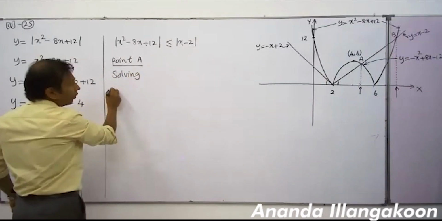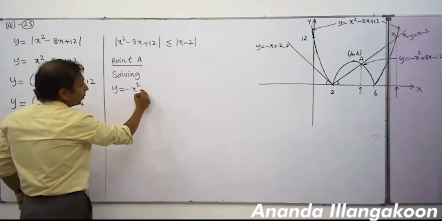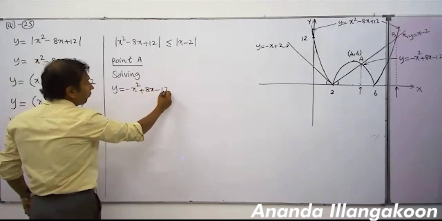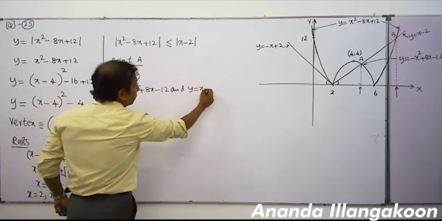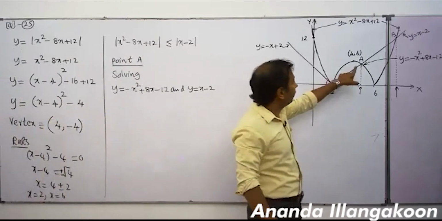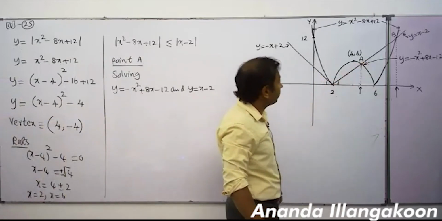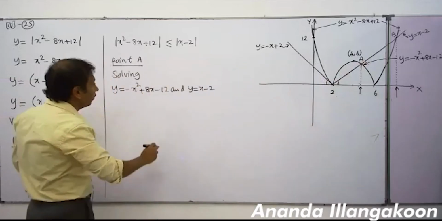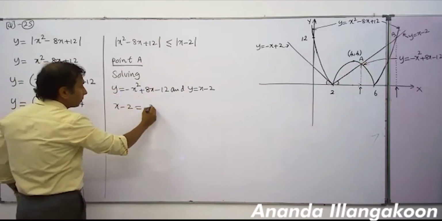Solving y equals minus x squared plus 8x minus 12 and, people, y equals x minus 2. This point A is the intersection of this line and this curve, no? So therefore solve them simultaneously. Right. So then we get here, equate them, x minus 2.